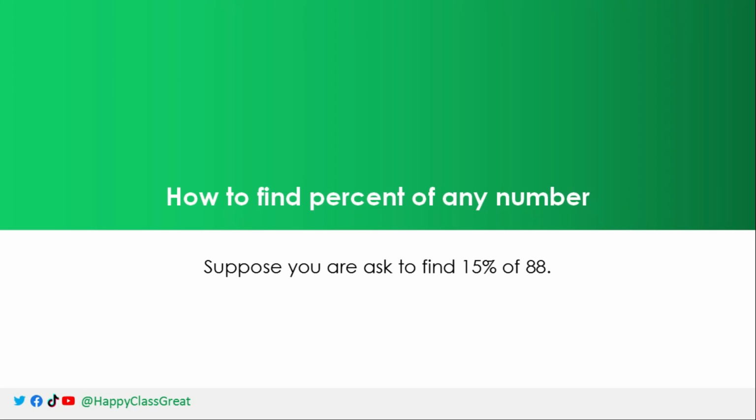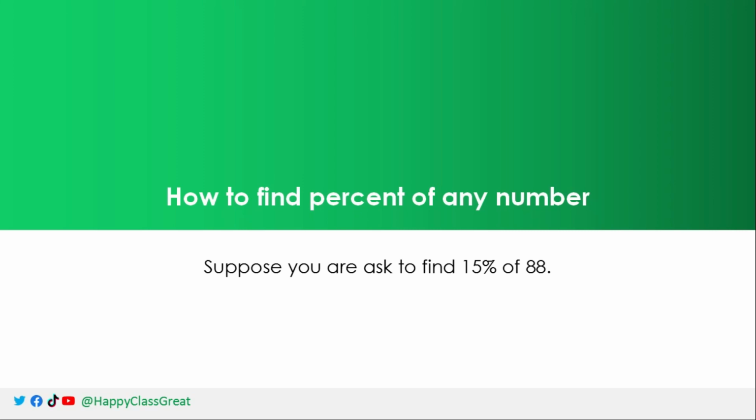But how are you going to find the percentage of any number? Let's say you are just given a number now. Suppose you are asked to find the 15% of 88. Since 15% is not among what I just explained, we still have to do some calculations. Like let's say someone asks you to find 53% of something, or 50%.